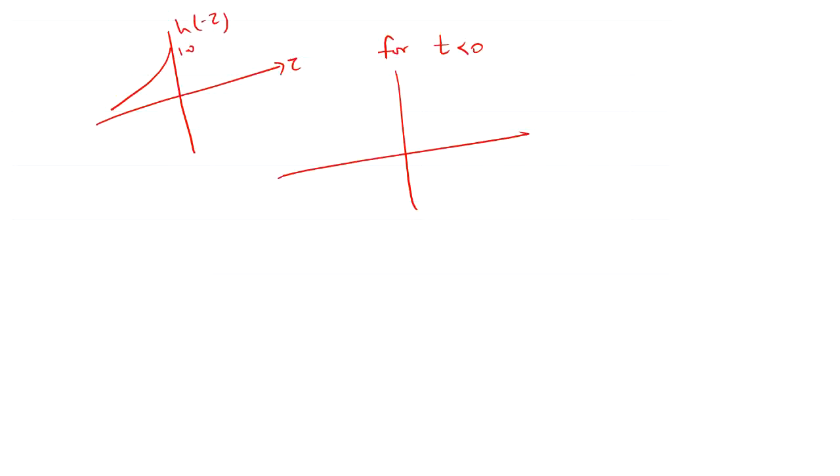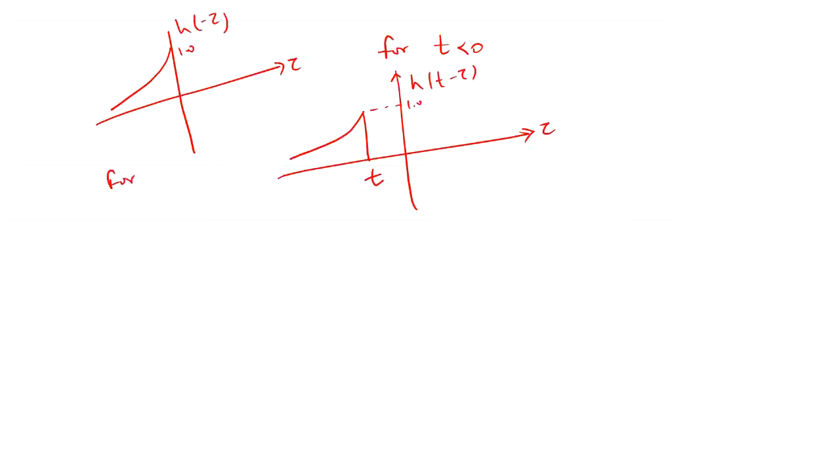So this is our h(t minus tau) when t is negative. The amplitude will not change, it will remain 1 only.